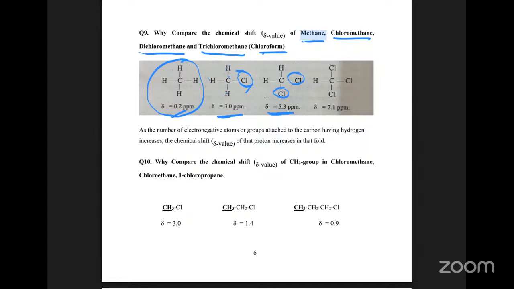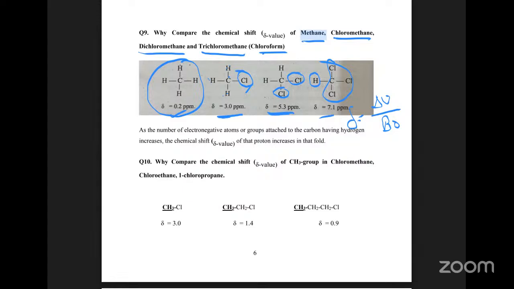So the required magnetic field for this will be less. As the electronegativity goes on increasing, the required magnetic field B0, that is the denominator, will be less, and the del value will be more. So there are three Cl groups attached to one carbon atom. So the proton attached to that will resonate at 7.1 ppm.